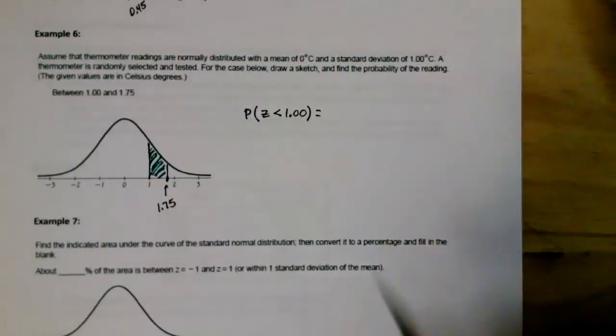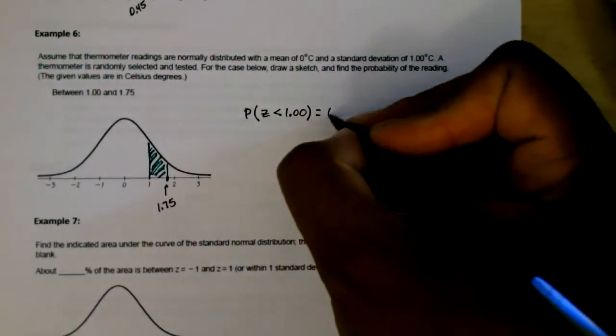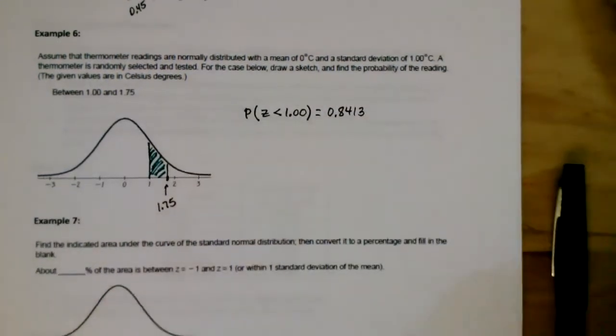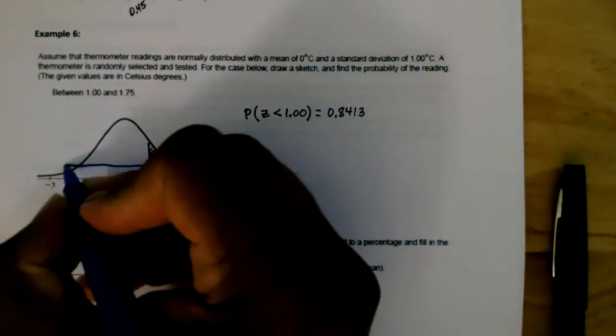That's right here. And then 0.00 is here. Read across and down, you'll see that your value there is 0.8413. So the probability of getting a Z value less than 1.00 will be 0.8413. Now that 0.8413 is this area to the left.